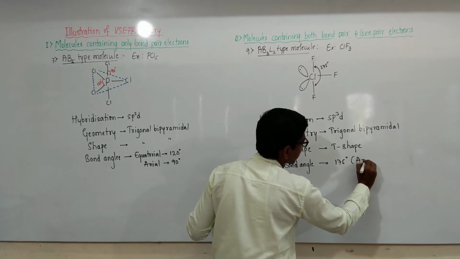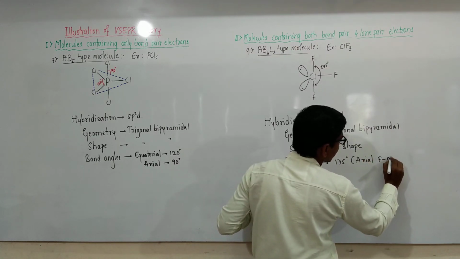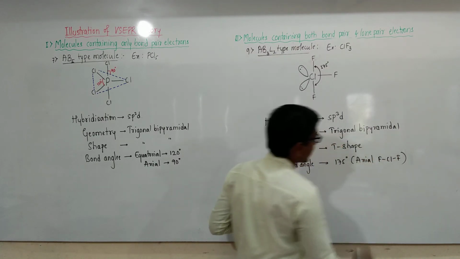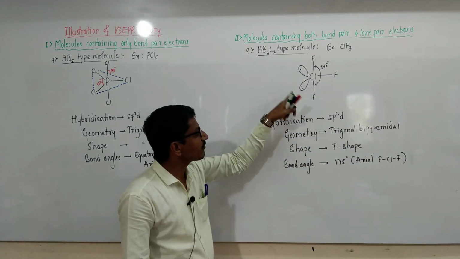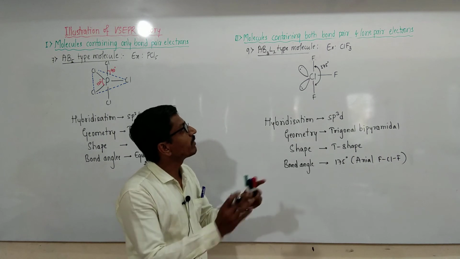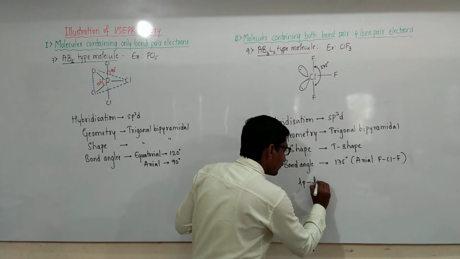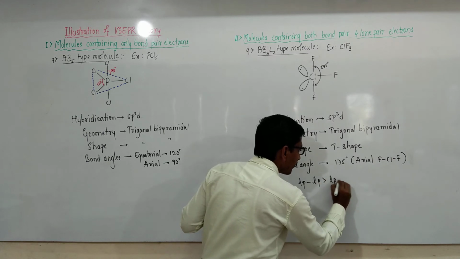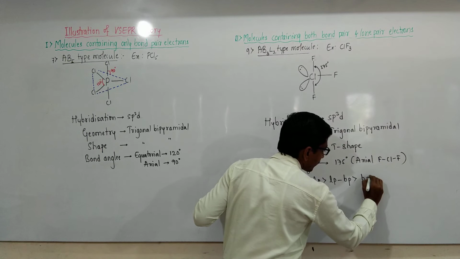This is the axial F-Cl-F bond. The axial F-Cl-F bond angle is 175 degrees due to the presence of 2 lone pairs. Lone pair-lone pair repulsion is greater than lone pair-bond pair, then bond pair repulsion.